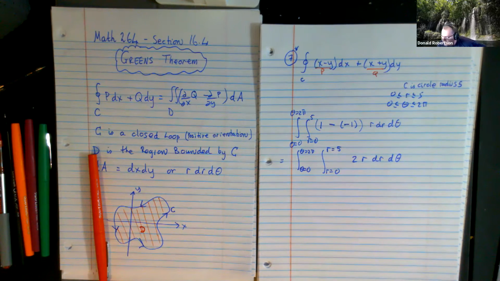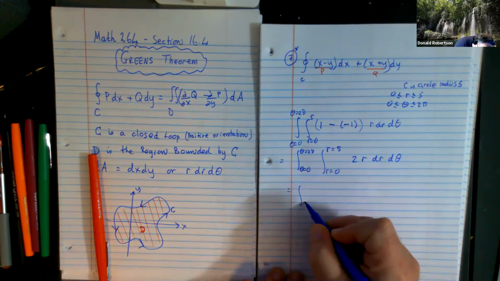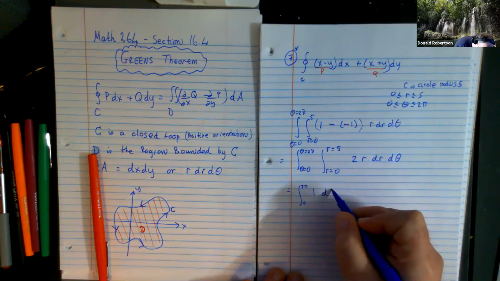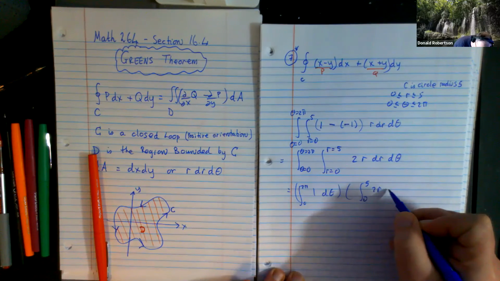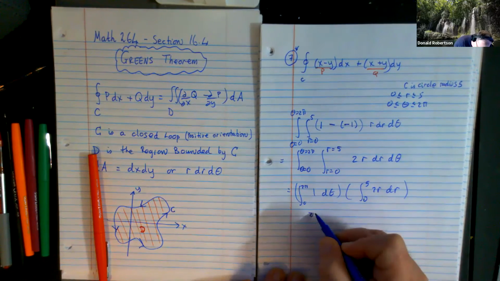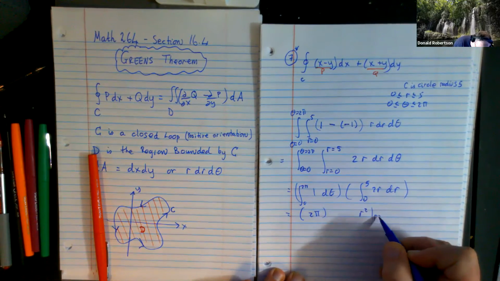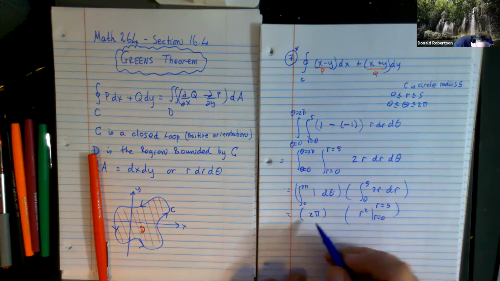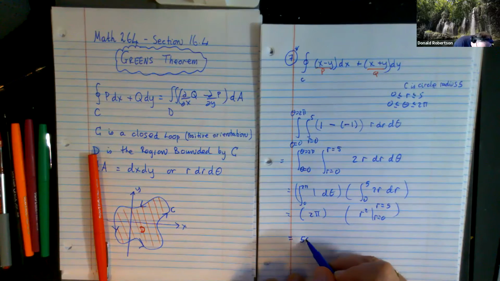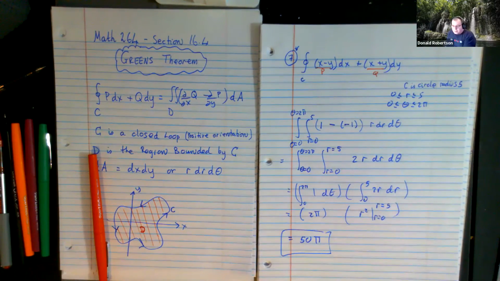I think it's just a very easy question. I can't see anything obviously wrong with it. Okay, variable separable. So I'll do that one, and that one is going to be 2 pi. This one is going to be r squared. So it's going to get me 25 times 2, and the line integral is 50 pi.